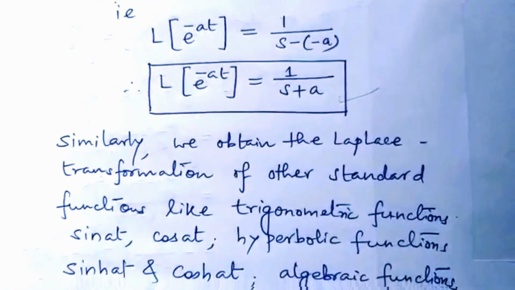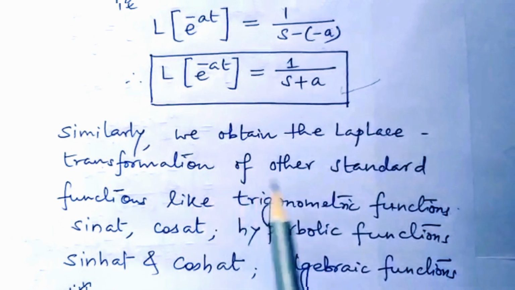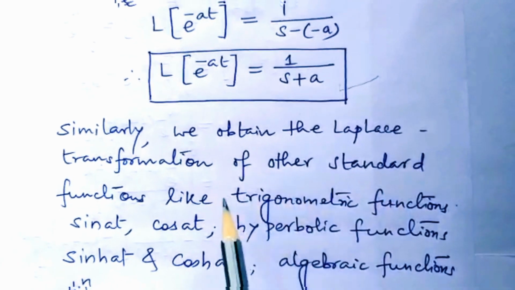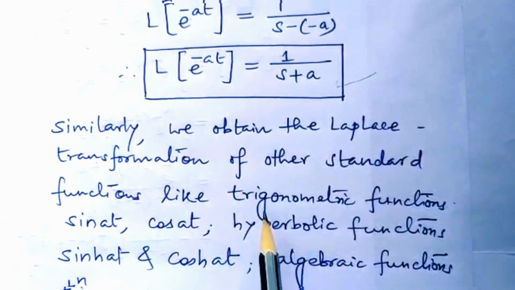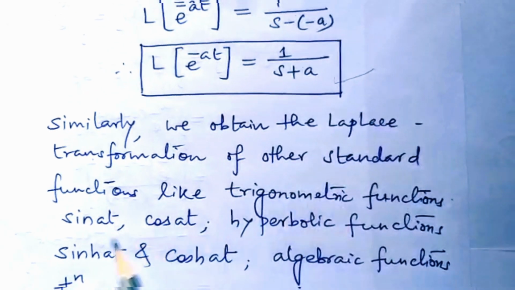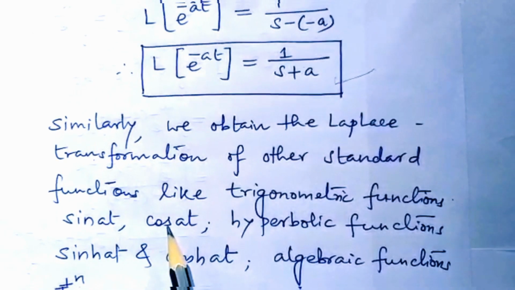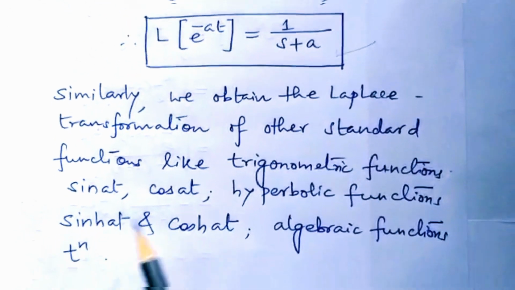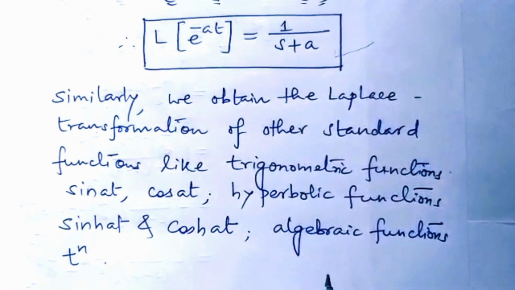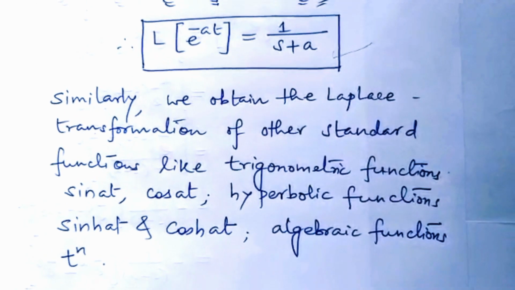So similarly, we can obtain the Laplace transformation of some standard functions. Like, apart from the exponential function, we frequently come across trigonometric functions such as sin at, cos at, even the hyperbolic functions sinh of at, cosh of at, as well as algebraic functions t raised to n.